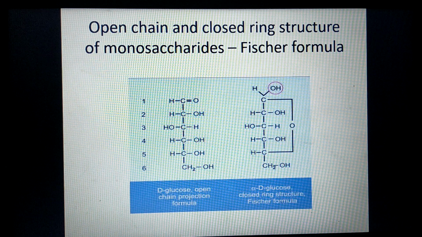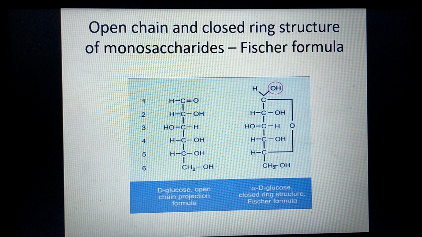When we number the carbon atoms in the monosaccharides, we have to go from above downwards. The last carbon of any monosaccharide is called the alcoholic carbon, and the carbon adjacent to the alcoholic carbon is called the reference carbon.